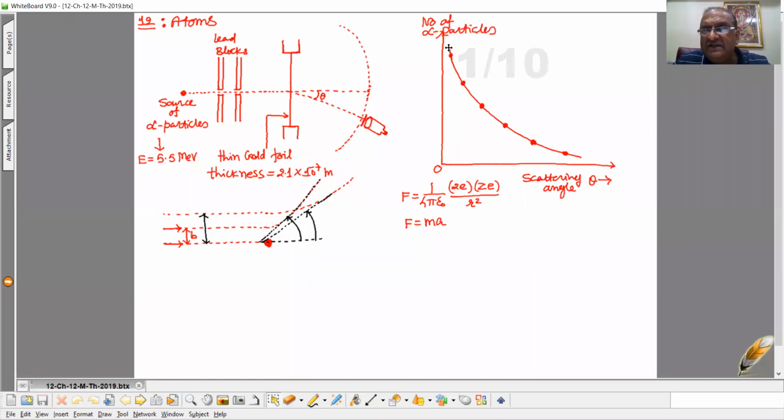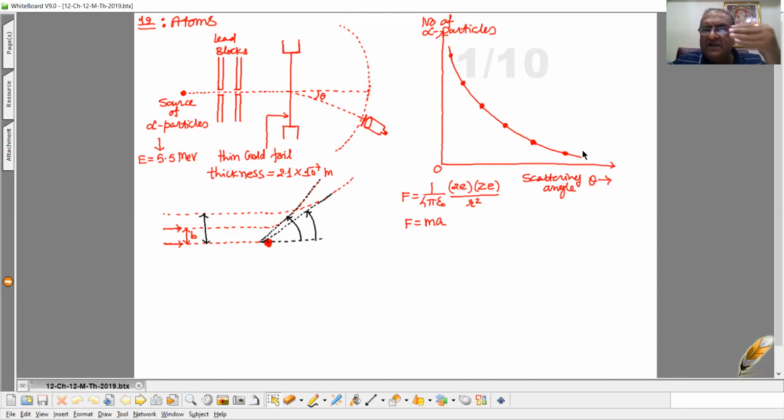So now see here in this particular graph represented in the figure, this particular line represent Rutherford's observations, means calculated one, theoretical one, and these particular dots represented here on that particular curve are the experimental observations.